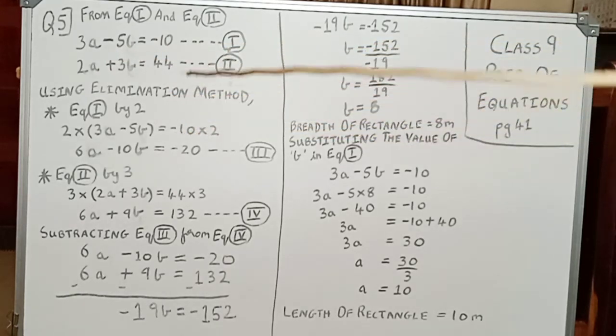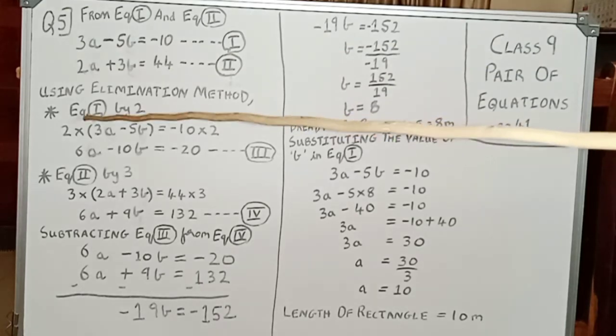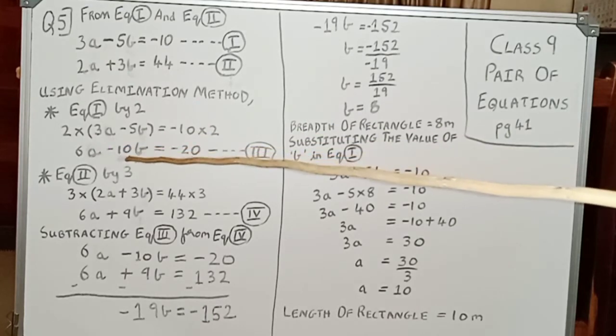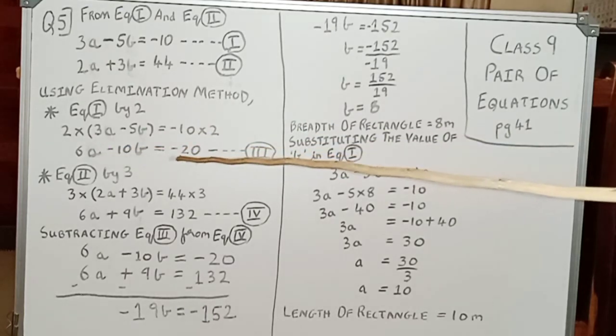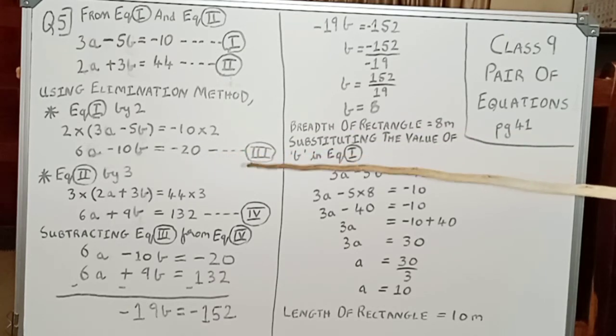So minus 10 is already there into 2. Both the sides you are multiplying by 2. So here you get 6a minus 10b equal to minus 20. So this is your third equation.